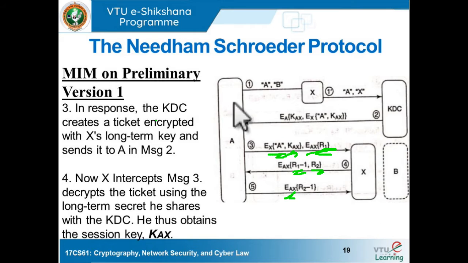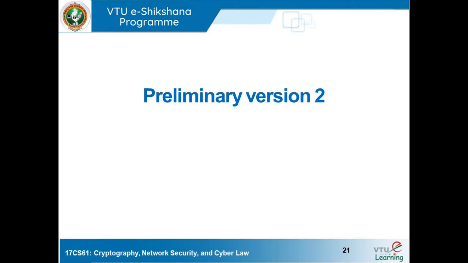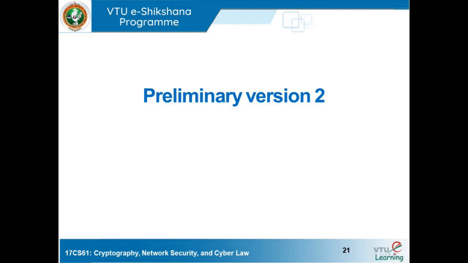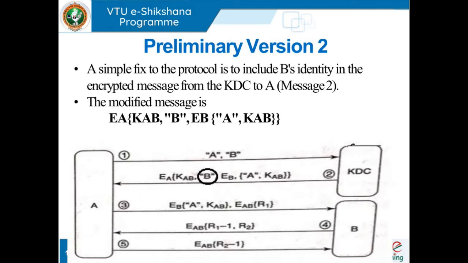A sends a message to the key distribution center, wherein this message contains the identity of A along with the identity of B. Upon receiving the message, KDC will understand that user A is trying to establish a communication with B. Now what does KDC do upon receiving this message from A?